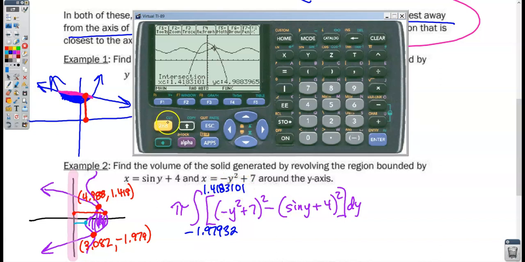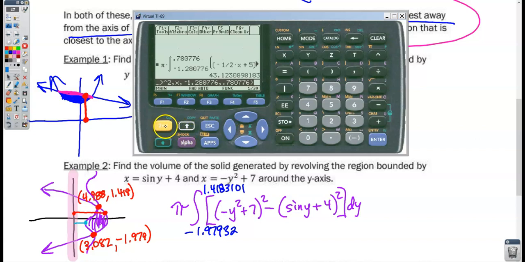Now I've got it all set up, and I can go ahead and integrate this to find the volume of this solid. So I've got pi times the integral of the quantity negative y squared plus 7, quantity squared, minus the quantity sine of y plus 4, quantity squared, with respect to y, from negative 1.97932 to 1.4183101.